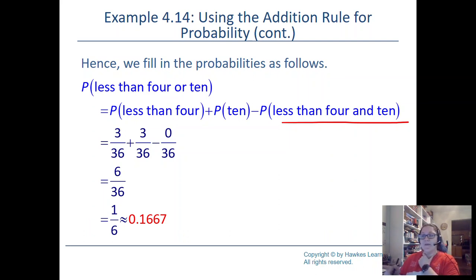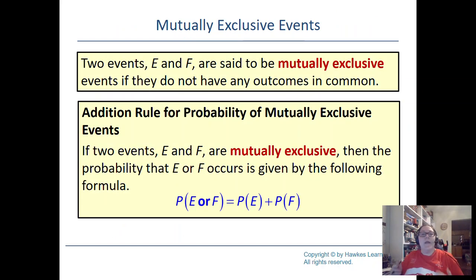Now, speaking of that, 0 is actually really important for us to know. So when you have an event like that, where 2 events have no outcomes in common whatsoever, this is actually called mutually exclusive.